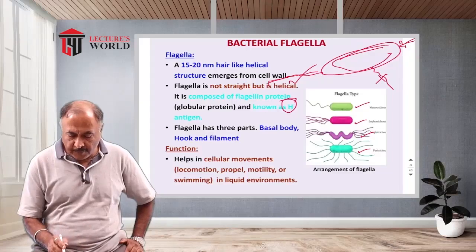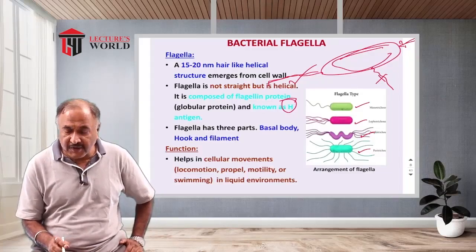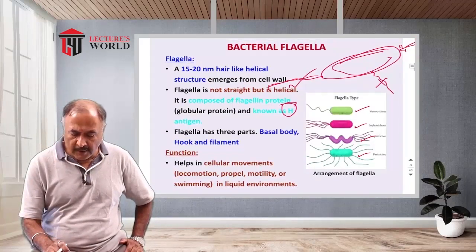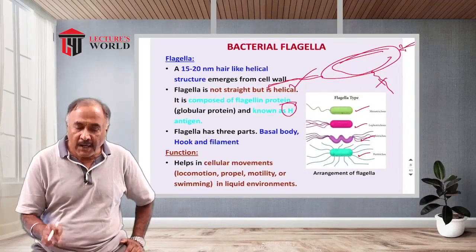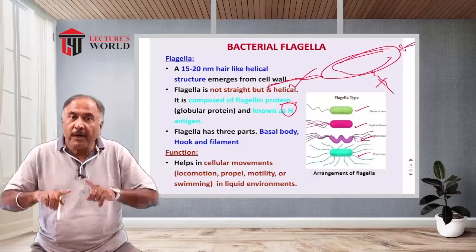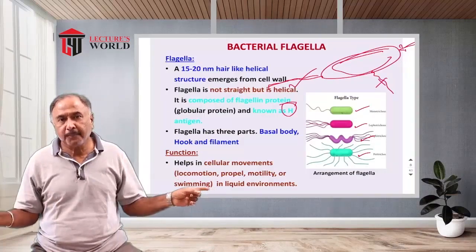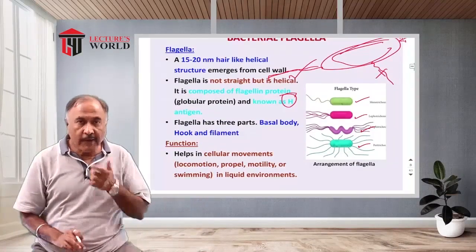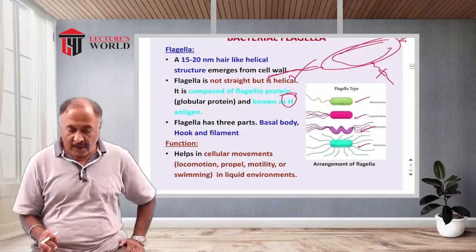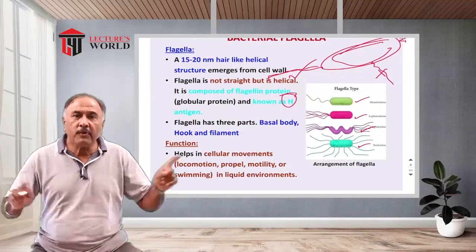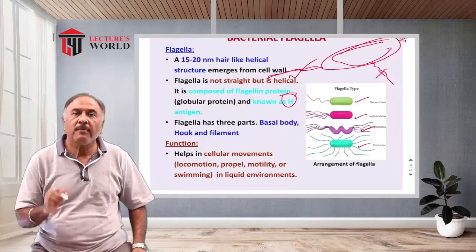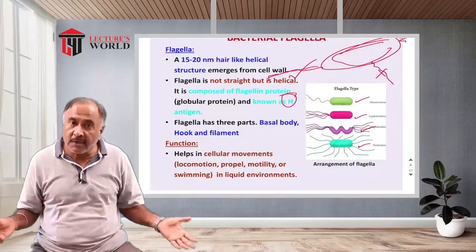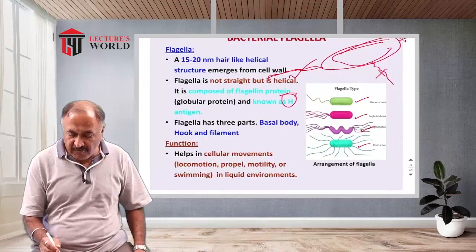While in case of amphitrichous flagella, they are found at both the poles of the cell. In this structure, you will find a spiral bacterium where at both the poles, both the ends of the cell, you will find flagella. It can be one or it can be more than one. So they are known as amphitrichous.